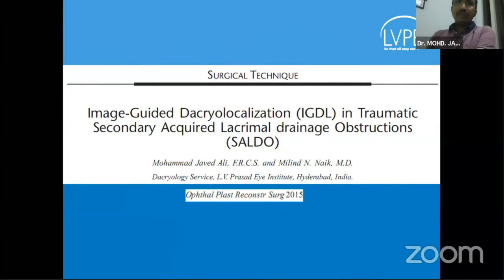Somewhere in early 2016, we were able to put this terminology in literature, called IGDL, image guided dacryo-localization, which encompasses all those maneuvers used to localize not only the lacrimal sac, but other parts of the lacrimal drainage during any maneuver or while managing any disorder.